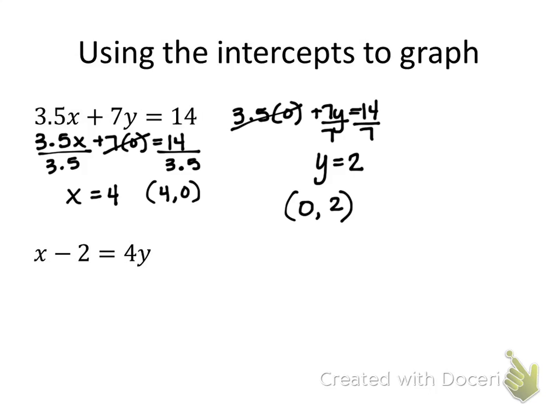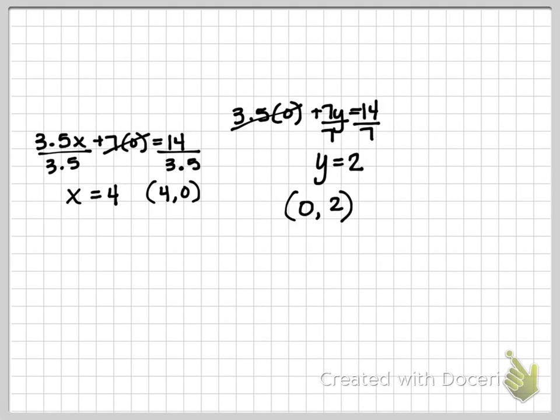Now, they want me to use the points that I've just found to graph my line. I can always use an x and y intercept to graph. So this is what I'm going to do. I'm going to get out my graph paper here. Okay? I'm going to make my graph. Label it.